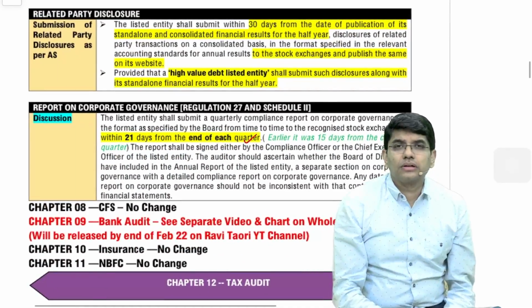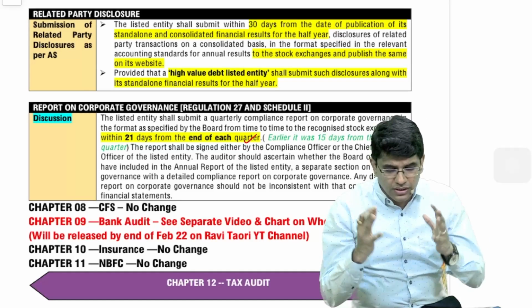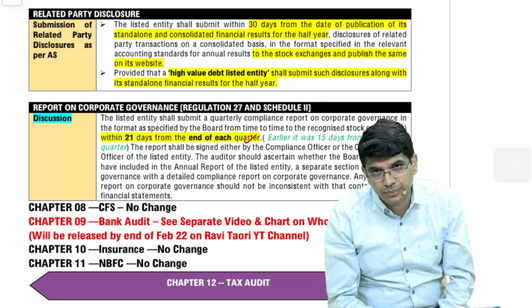Related party disclosure. The related party disclosure needs to be given. People should be aware of what transactions are happening with the related party. We have made a very good chart regarding the same.